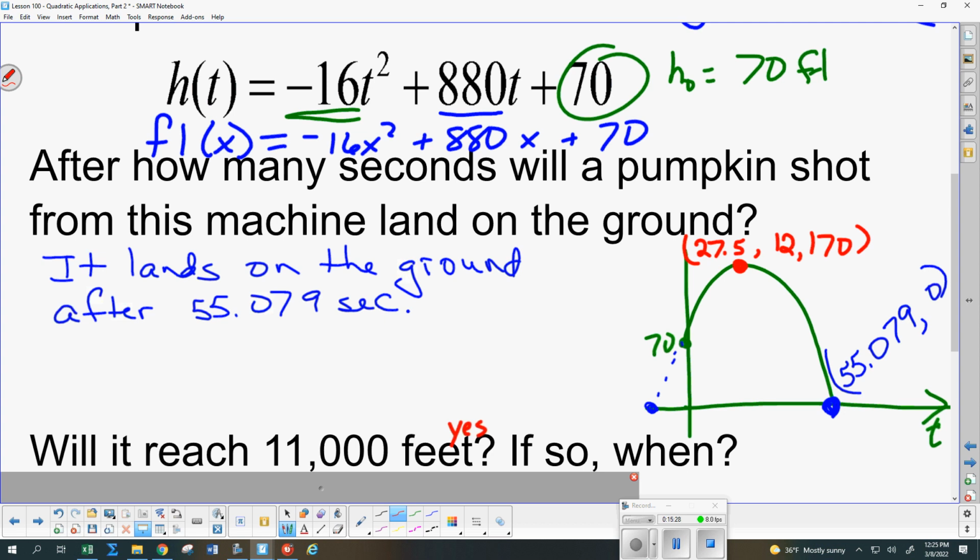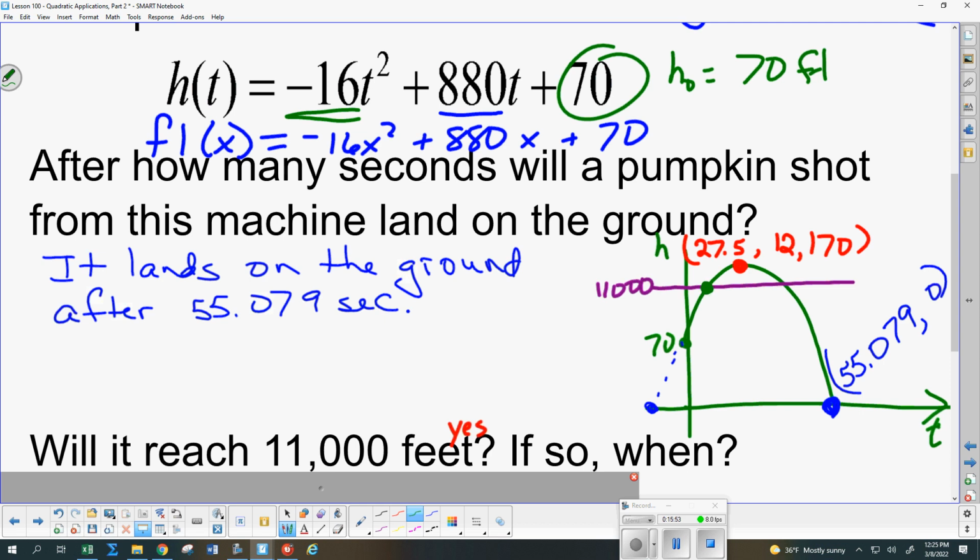So what I'm going to do is I'm going to enter a horizontal line for y equals 11,000. Let's see, I guess I didn't get my height labeled on this, got the time labeled. So if you do y equals 11,000 or f2 of x equals 11,000, don't get rid of your first equation, just do tab and add a second one. So you get a second line.